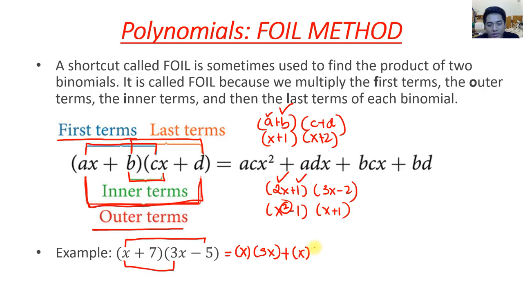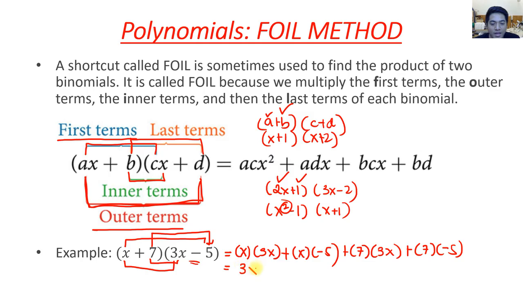Don't forget to include the sign. That's the outer. And the inner is positive 7 times 3x. And finally, the last would be 7 times negative 5, the last of the first term and the last of the second term.